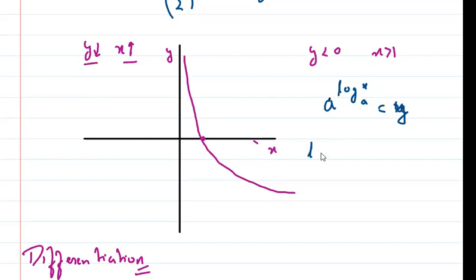So we will get log base a of the whole thing: log of a to the power log x base a, base a, is equal to log y base a. Yes or no? Everyone got till this point?